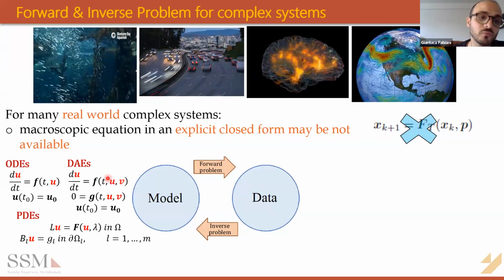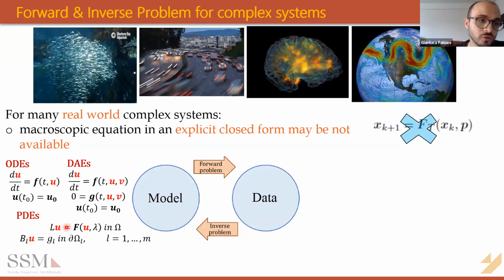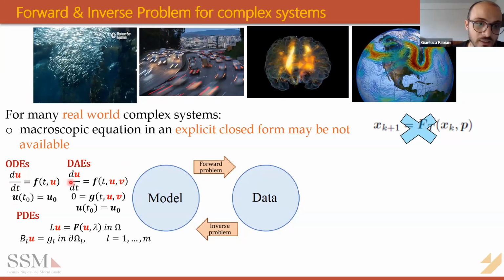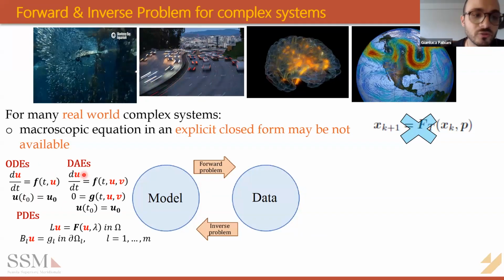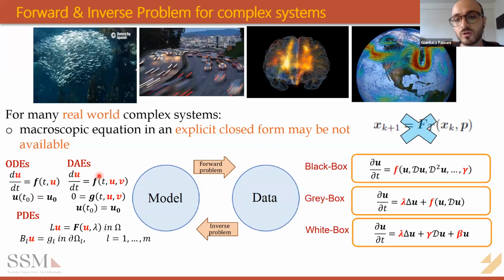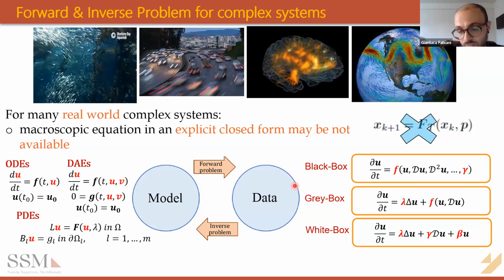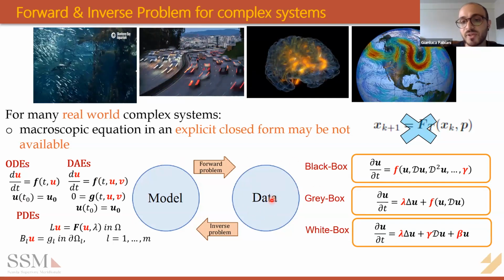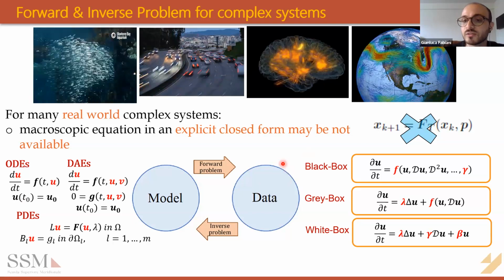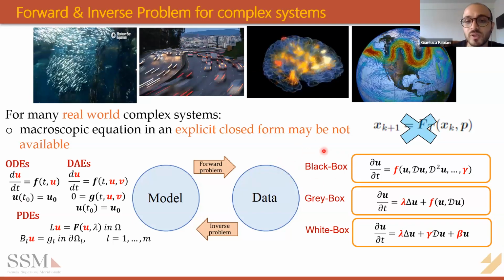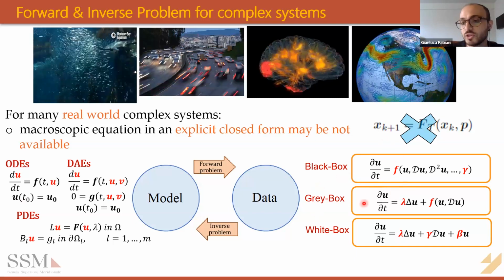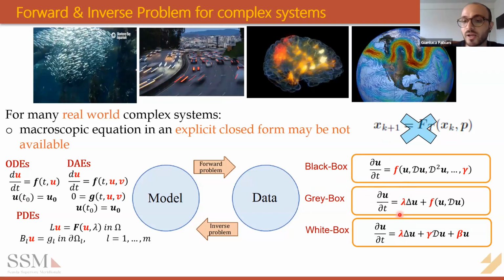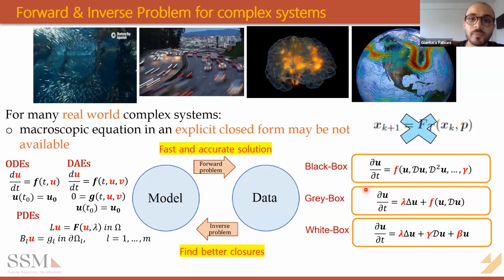The forward problem is when we know the model and we want to find a solution. Look, the unknowns are in red here. So we may have ODEs, PDEs, or DAEs. While for the inverse problem, we just have data, just trajectories in space and time, and we want to reconstruct, let's say, a PDE, and this can be either a black, gray, or white box PDE. So we want to find the relationship and maybe also some parameters to close the problem.